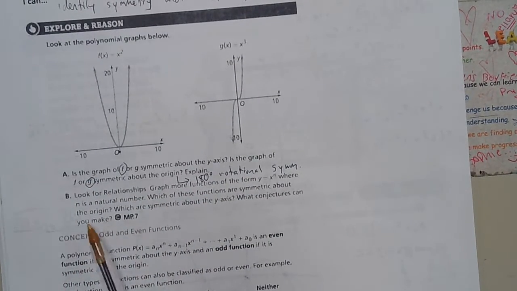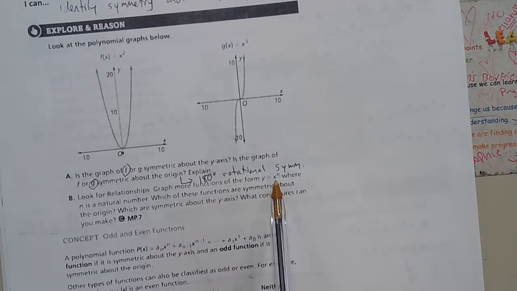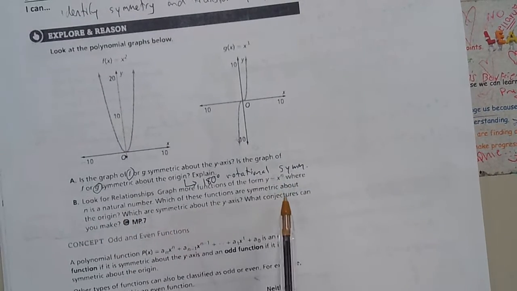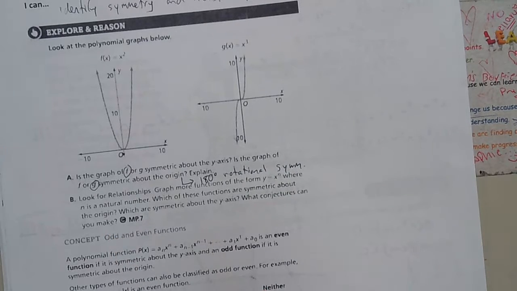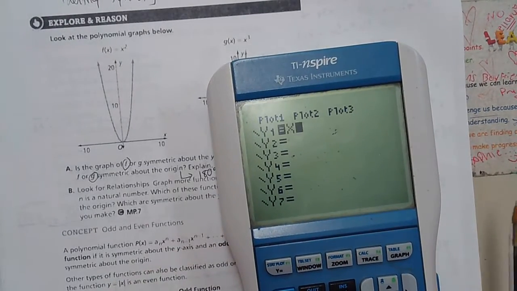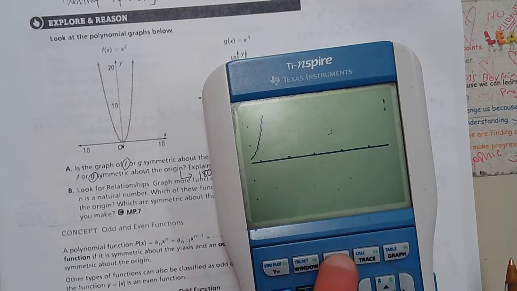All right, then the last question on this part says, look for relationships. Graph more functions of y equals x to the n, so like x to the third, fourth, fifth, sixth, and so on, where n is a natural number. Which of these functions are symmetric about the origin, and which are symmetric about the y-axis? If you remember what we did way back in section 3.1, we looked at different functions, like x to the fourth.